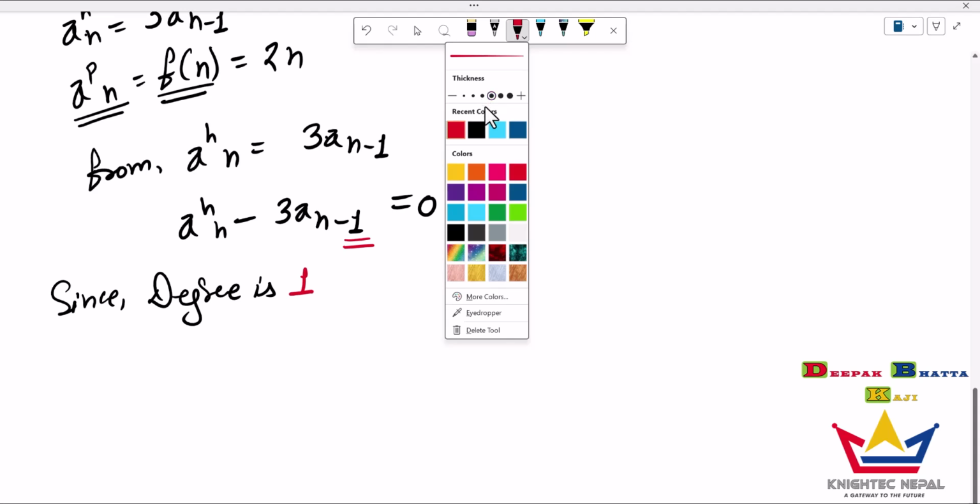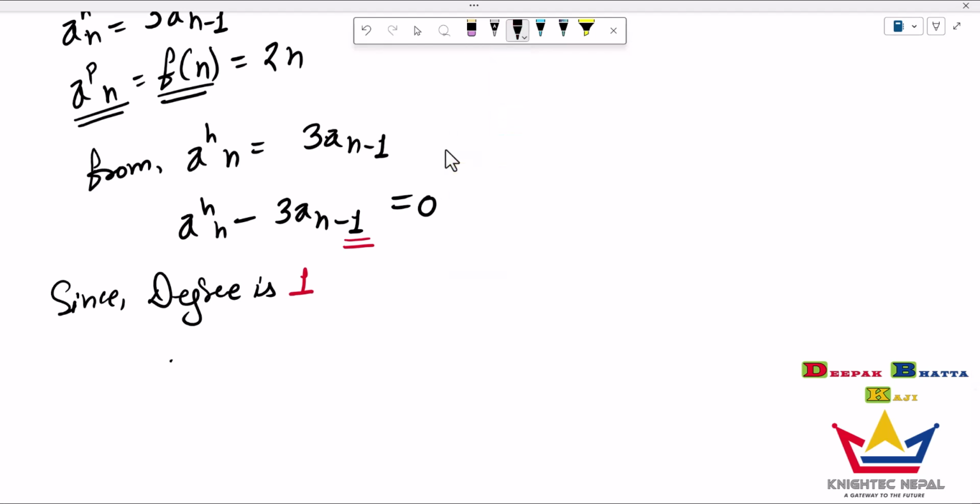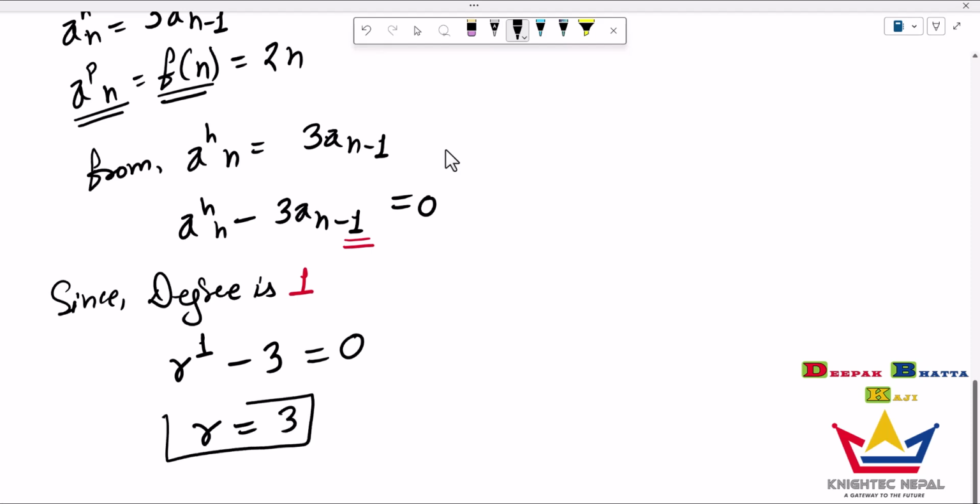Now r raised to power 1 minus 3 equals 0. So r = 3. The r value is 3.